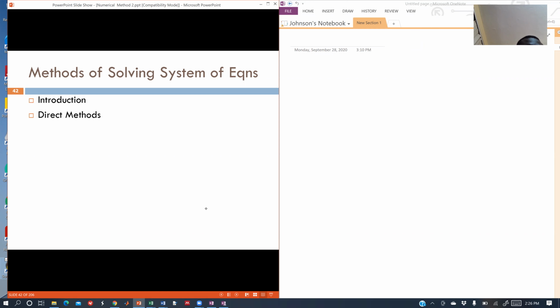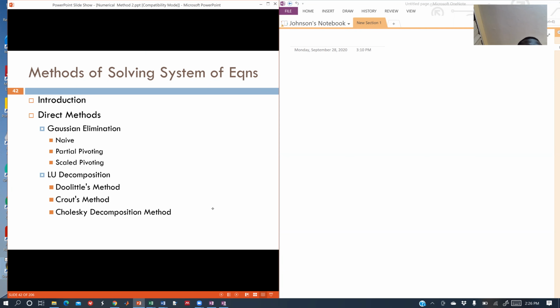First of all, we will consider the direct methods, which is mainly the Gaussian elimination and the LU decompositions. Under Gaussian elimination, we will look at the partial pivoting and scale pivoting as well. Then under LU decomposition, we are going to discuss the Doolittle method, the Crout's method, and the Cholesky decomposition.